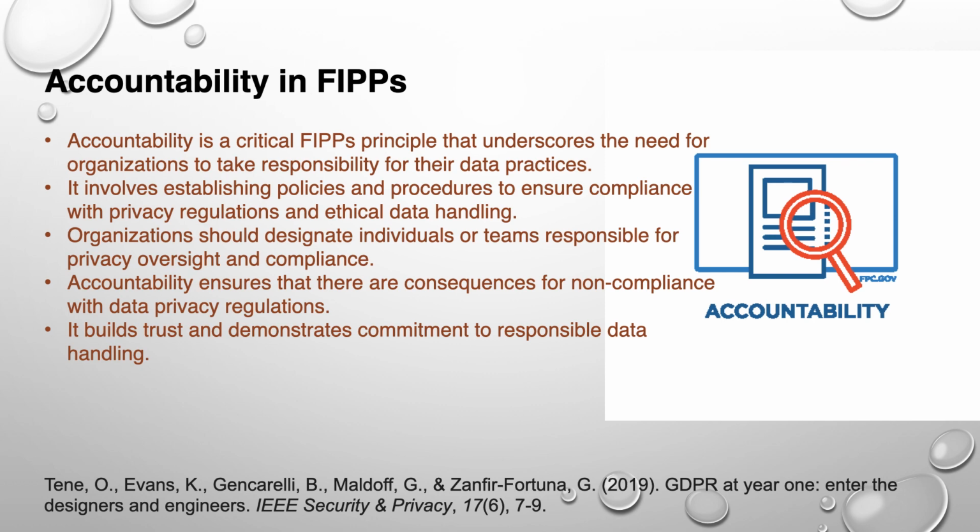Accountability includes consequences for non-compliance, which builds trust. When people know that data is handled responsibly, that trust also grows. Accountability isn't just a legal requirement, it's about fulfilling our moral and ethical obligation to protect personal information and earn trust.